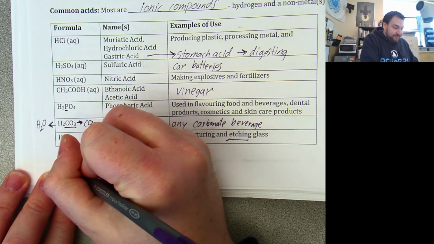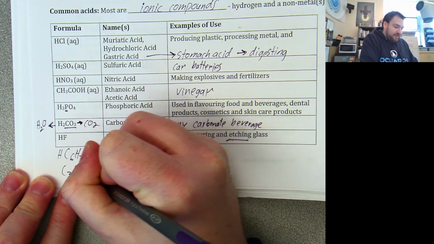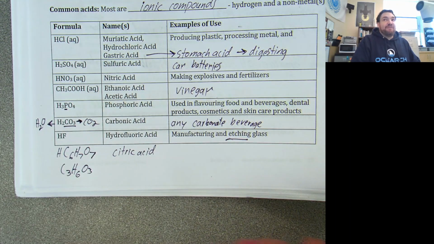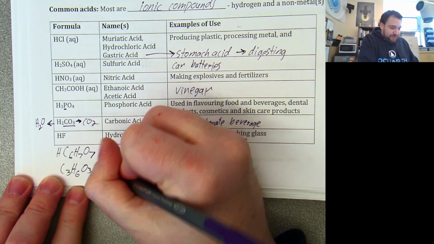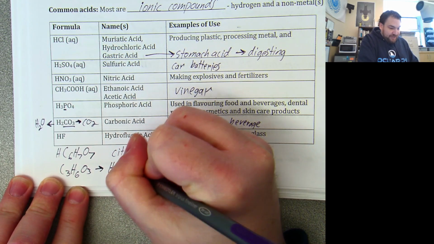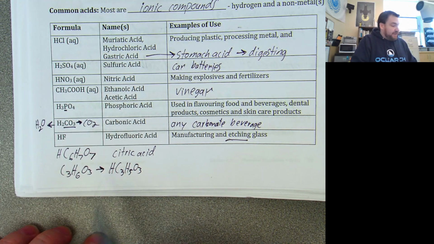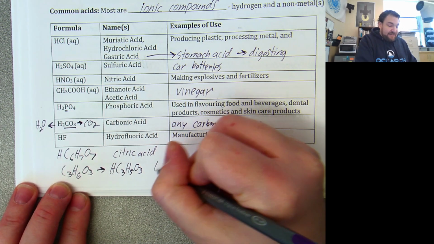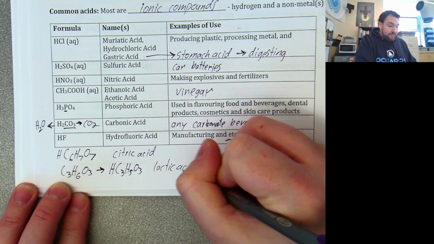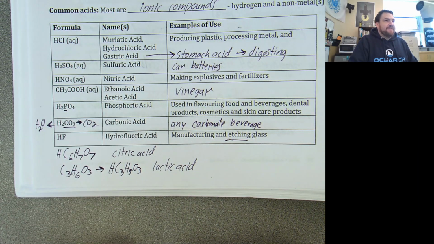Another one is this. It is necessary for you to be familiar with this guy, C3H6O3. Sometimes it's written as HC3H5O3. You pop one of the H's out and move it over there. This is called lactic acid. Anybody familiar with lactic acid?